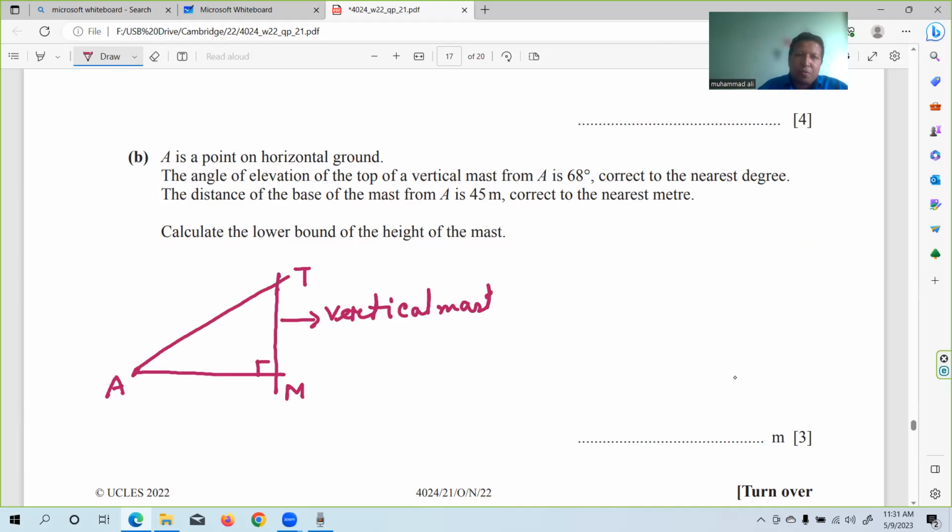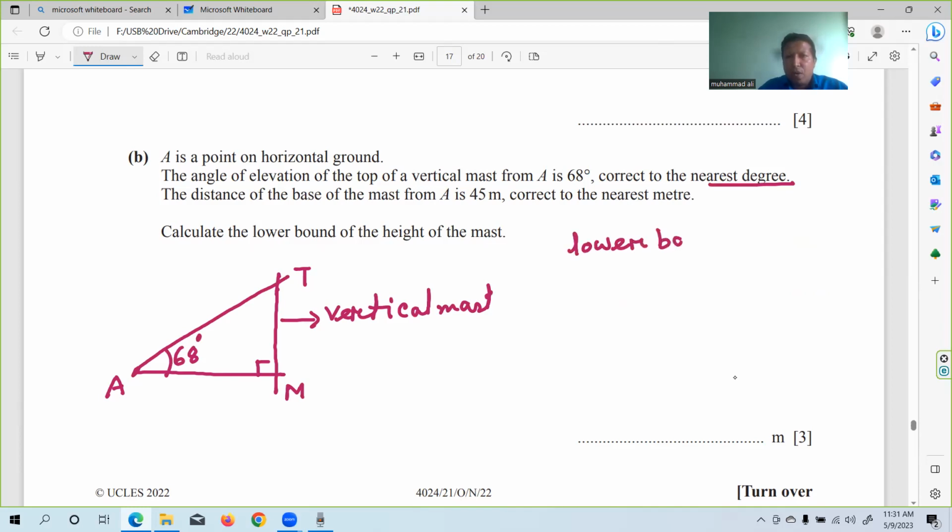The angle of elevation of the top of the vertical mast from A. So here also we observe the from. The angle of elevation of the top of the vertical mast from A is 68 degrees. So the angle will be over there. Correct to the nearest degree. So we have to find the lower bound of this angle.